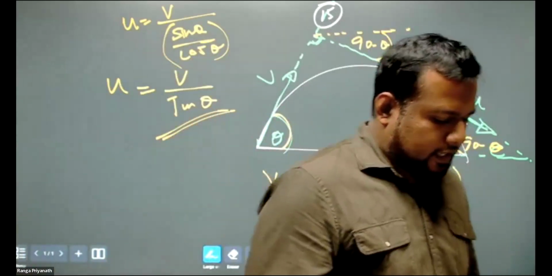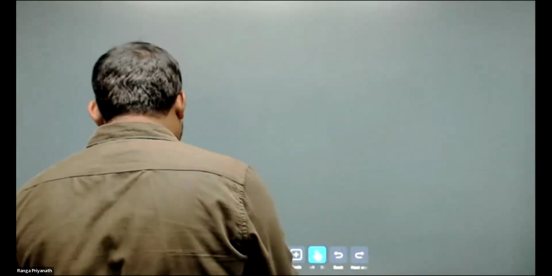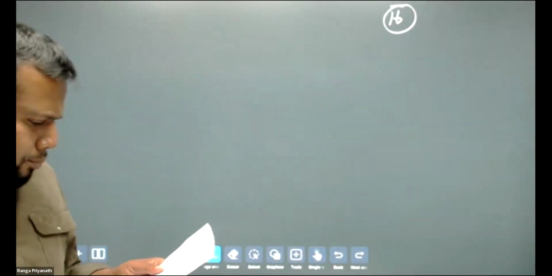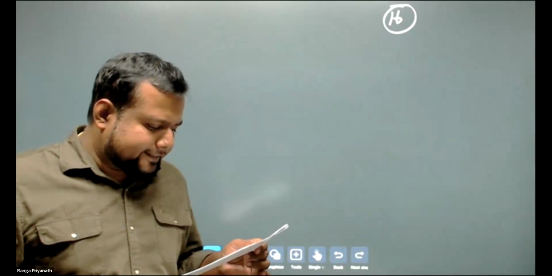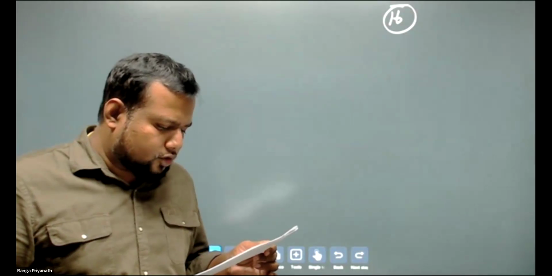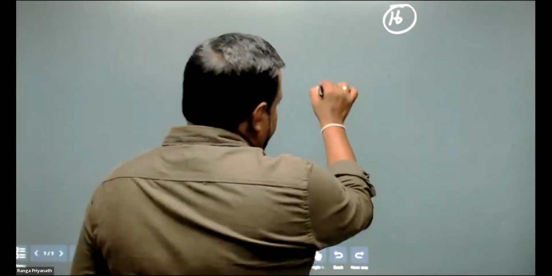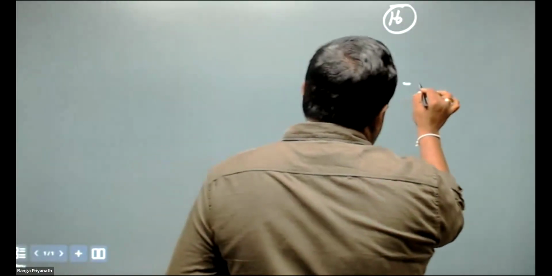Question number 16. A bullet is projected into a block of wood. After traveling a distance of 60 centimeters into the block, its speed is half of its initial value. Initially, the bullet has a speed of v.